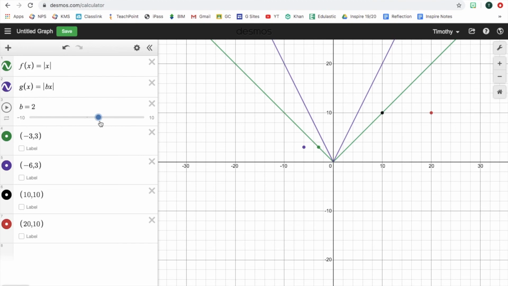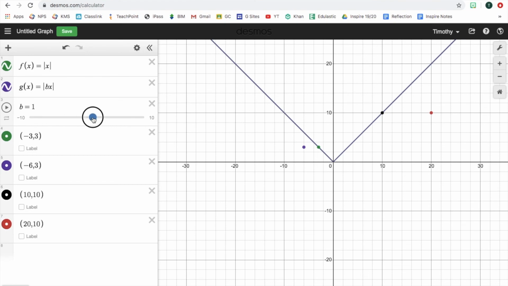I'll bring b back to 1 right now. With the horizontal stretch, we're basically pulling things away from the y-axis. So this point will go here. Every x value of the point will be multiplied by 2, because once again, on the inside of the function, it's in kind of the reverse.